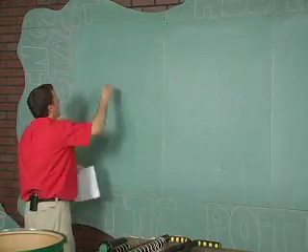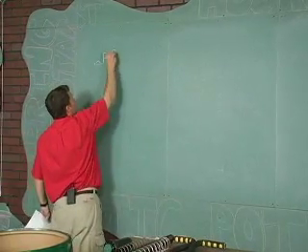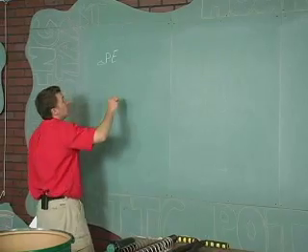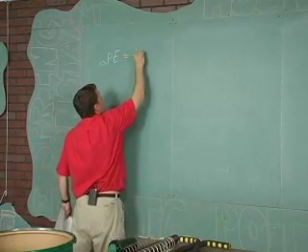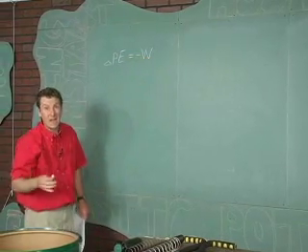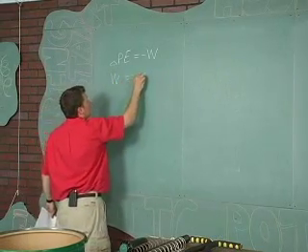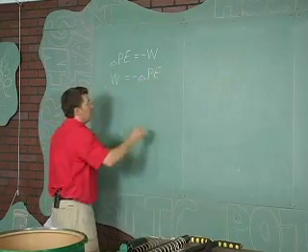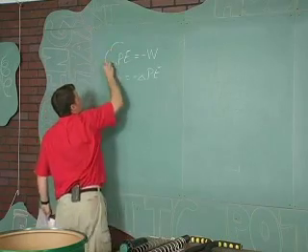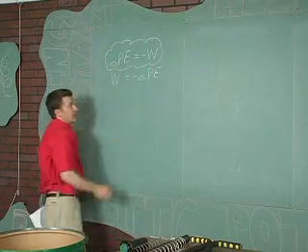Or how we expressed it in the big cloud was that the potential energy of that conservative force was equal to the negative work done by that force. And that means that the work done is equal to the negative of the potential energy.